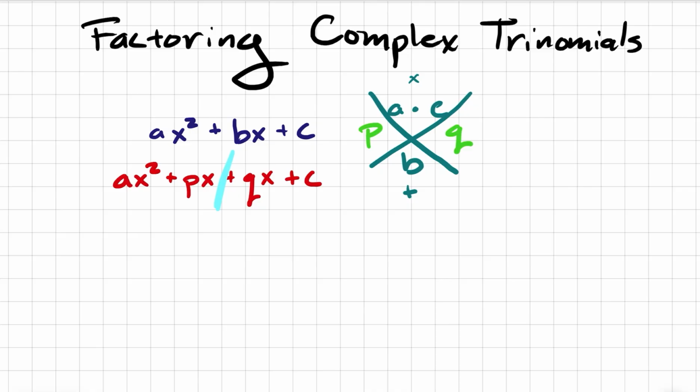So in the end, I will most likely get an answer that looks something like 3x plus 4 times 2x plus 8, or something like that. That could be the answer it factors into.